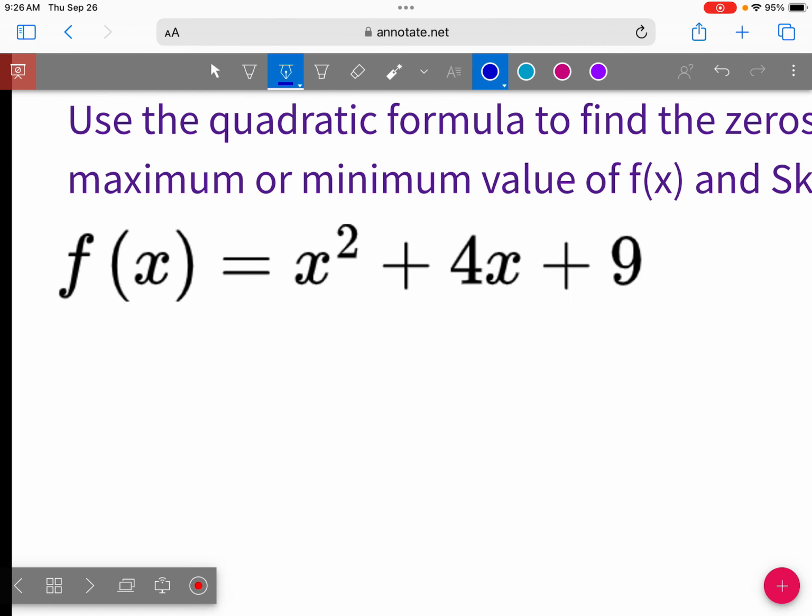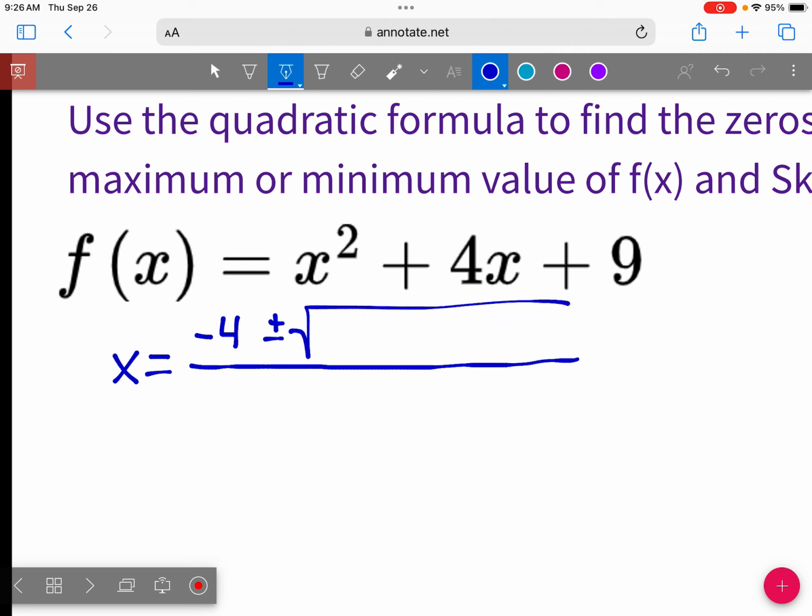So, let's find our roots. x equals, let's fill it in for this particular one. How are we going to fill it in? -4 plus or minus the square root of 16 minus 4ac. So what's it going to be? 36.